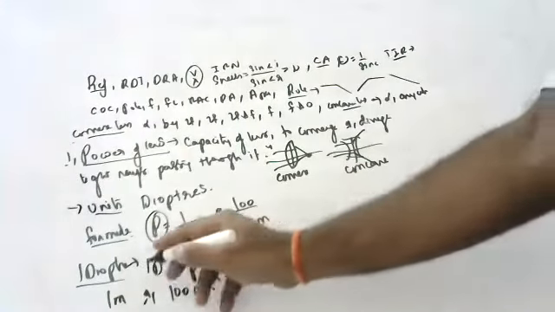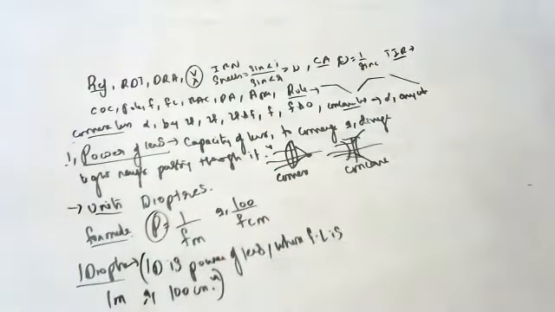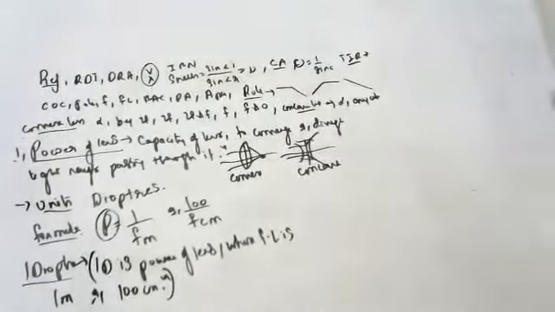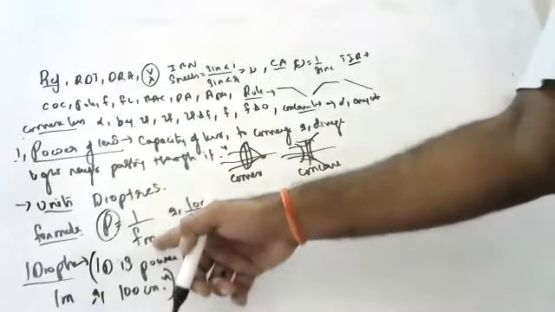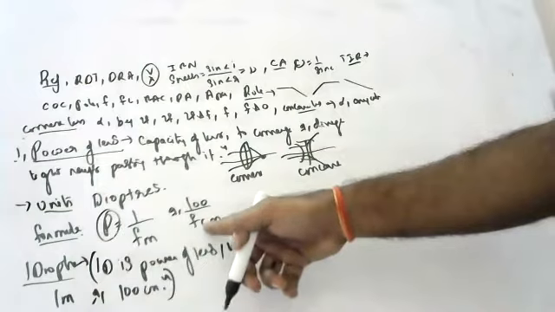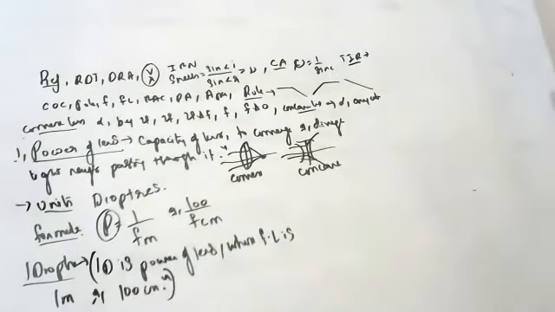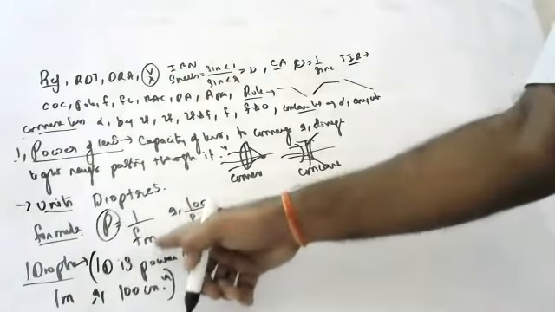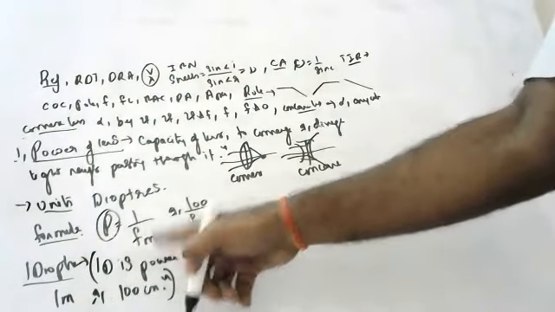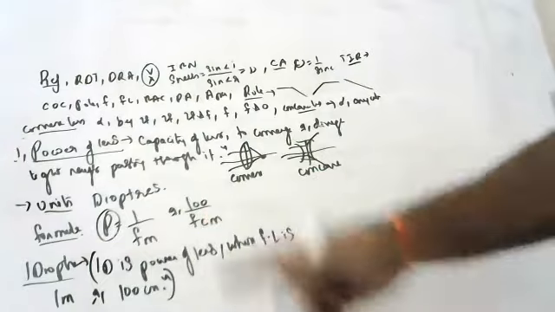Harika, can you repeat the statement? 1 diopter is the power of lens whose focal length is 1 meter or 100 centimeters. Raghunath, can you repeat the 1 diopter definition? Yes, sir. 1 diopter is power of lens whose focal length is 1 meter or 100 centimeters. Pravalika, can you define 1 diopter? Surya, can you repeat?